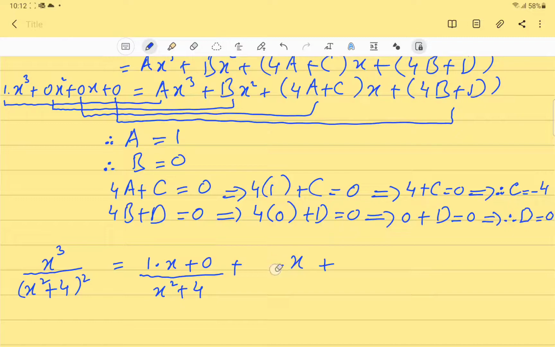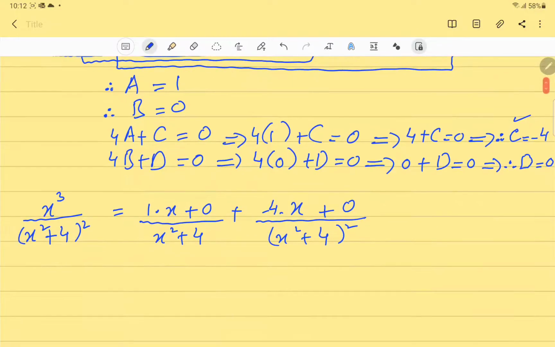Here c is minus 4. This is the one. Minus 4 into x plus 0 over x squared plus 4 squared.